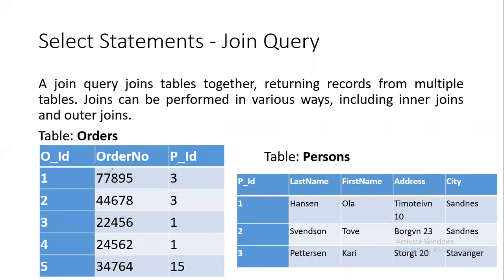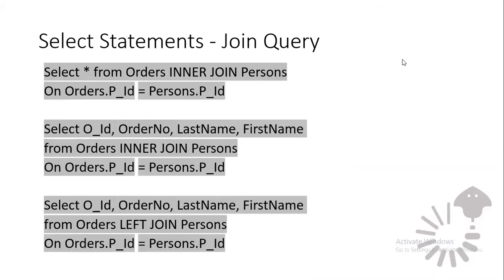For example, here we have two tables, table orders and table persons. For orders, we have order ID, order number, person ID. For persons, fields are PID, last name, first name, address, CP. So if I have a statement here, example syntax statement, select all from orders, join with persons.